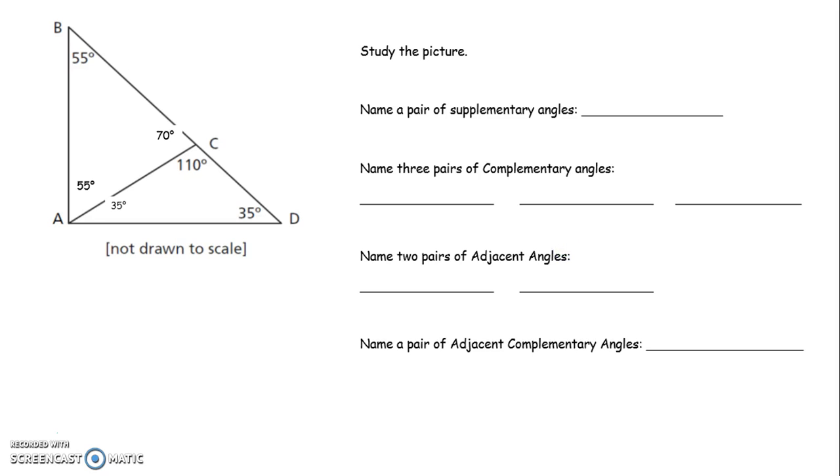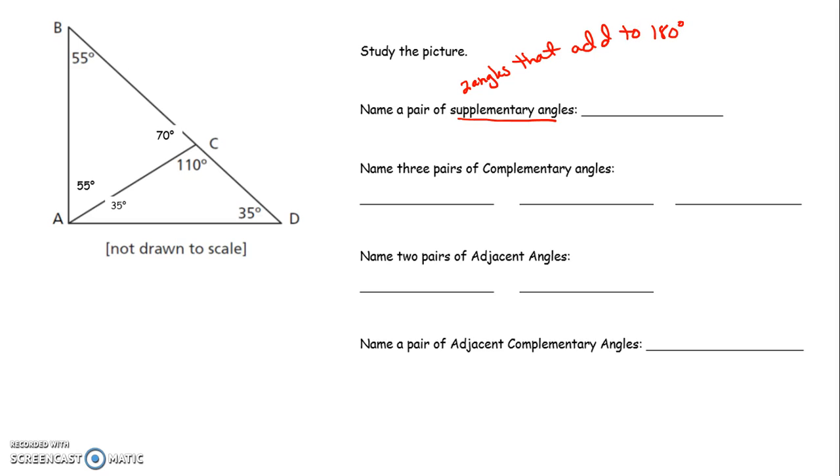This might be how a question like this is asked, when you're asked to just identify and recognize various pairs of angles. It might give you a picture. The picture might have lots of angle measures in it. Name a pair of supplementary angles. Well, you have to remember, supplementary angles would be two angles that add to 180 degrees.